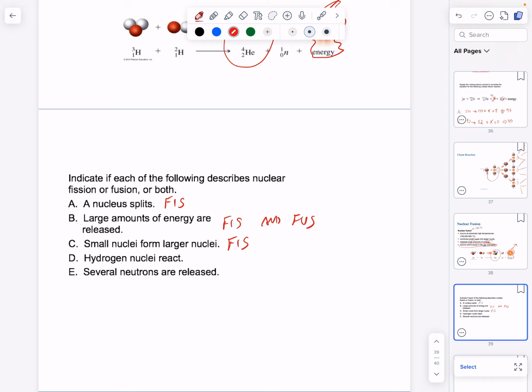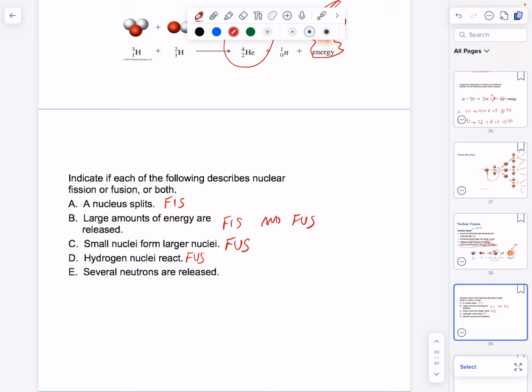No, sorry, I'm reading wrong. It's form: small nuclei form large nuclei. This is fusion. Hydrogen nuclei react. This is fusion. Several neutrons are released.